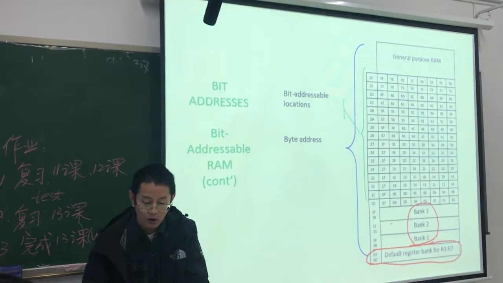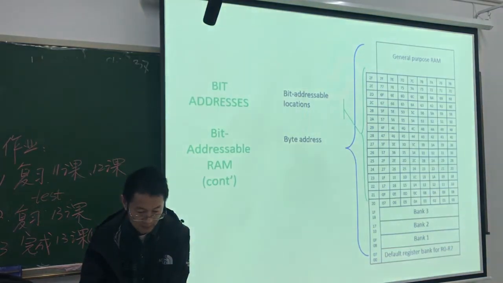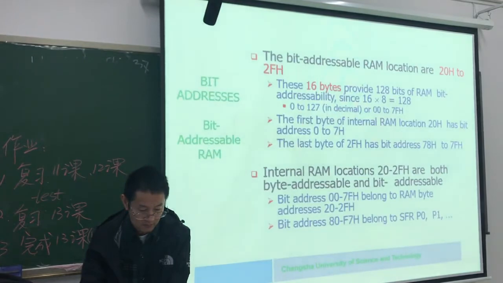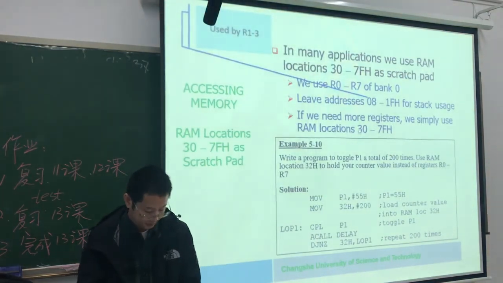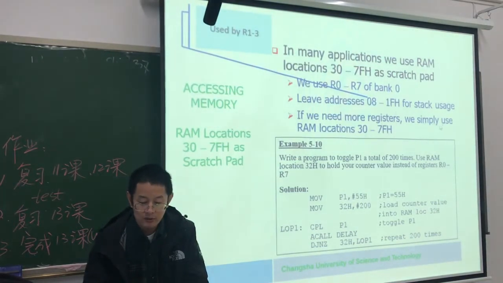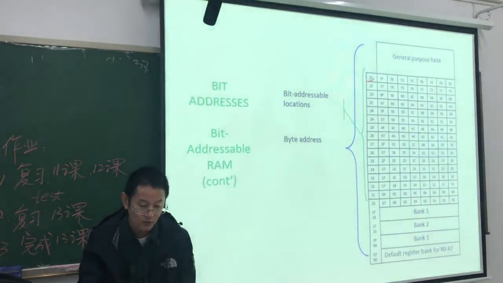If you need more registers, you can use general purpose memory, or just use the bit addressable locations. 2FH is the end of the bit addressable area, and here is 30H.